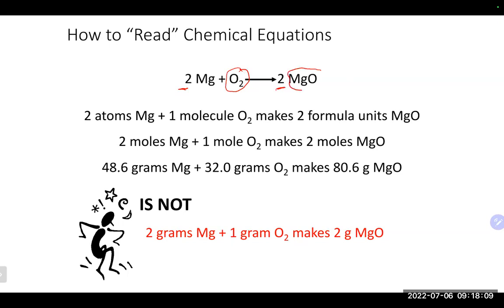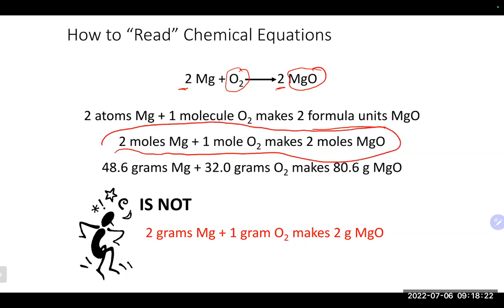For ionic compounds, they're referred to as formula units because they're ionic. They're not technically sharing electrons. This relationship, as you might be familiar with, and we will see in a different chapter, is what's referred to as the mole-to-mole relationship when we look at an equation, and it comes from the coefficients of the balanced equation. So we could say 2 moles of magnesium react with 1 mole of oxygen to give you 2 moles of magnesium oxide.